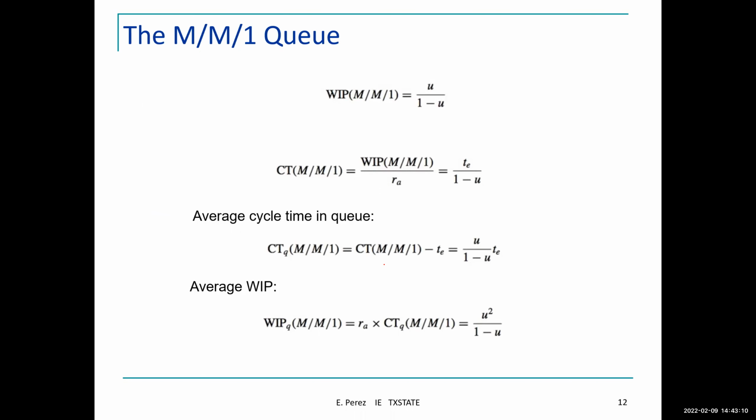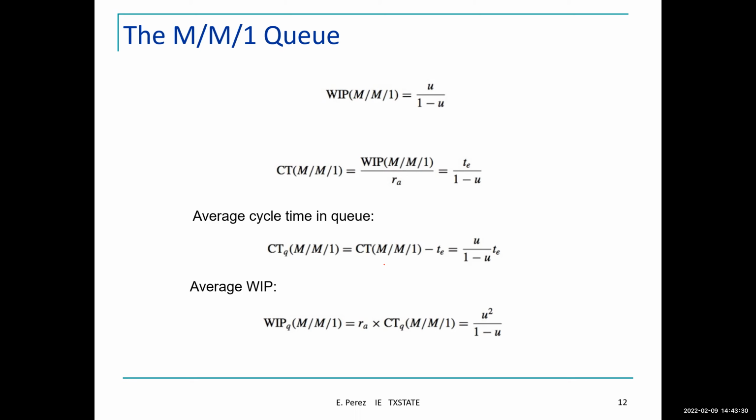So for the MM1 queue, we have the following equations. The work in process equals the utilization divided by 1 minus the utilization. Cycle time will be equal to WIP divided by the arrival rate.